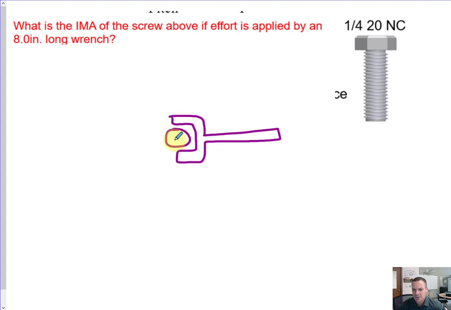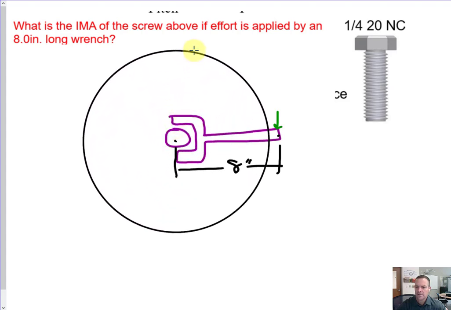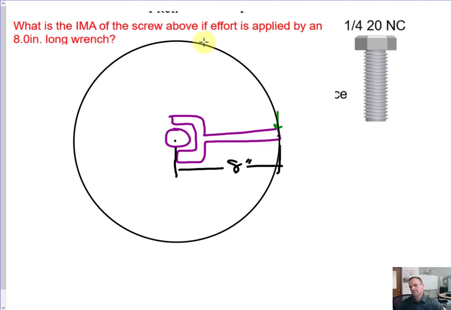So from basically here to here is 8 inches. And if you recall also, when using a wrench, we're going to push down on the end of the wrench. So the end of the wrench, when we push down on it, is going to turn in a pattern that looks like a circle, right? It's going to turn in a circular pattern.